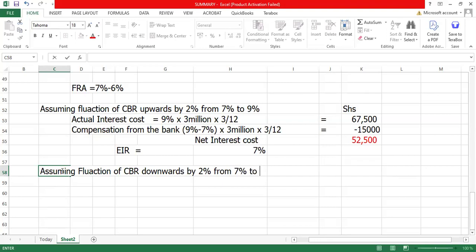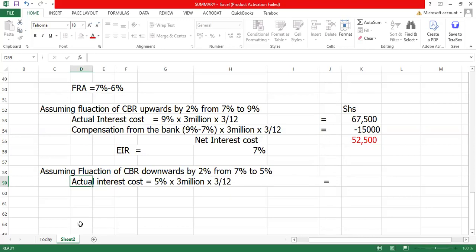If you reduce 7% by 2, you get 5%. So finally you will say the actual interest cost will be the 5% times the 3 million times 3 out of 12.